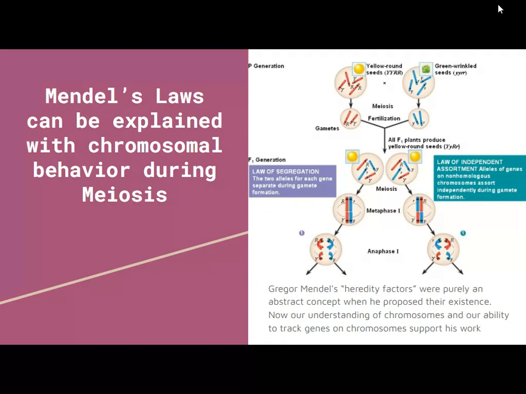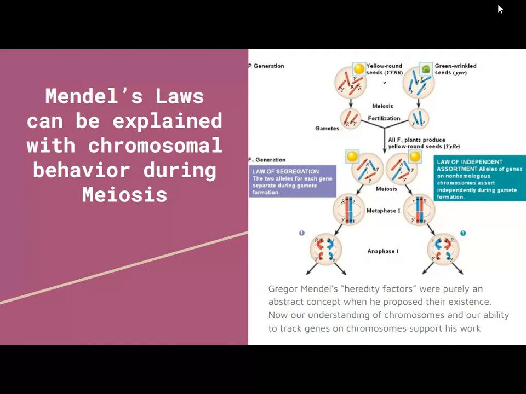It is completely random whether or not a gamete gets the allele for purple flowers or tall stems, or pink flowers and short stems, or yellow seeds and pink flowers. They are different because they are assorted independently on our homologous chromosomes during meiosis.